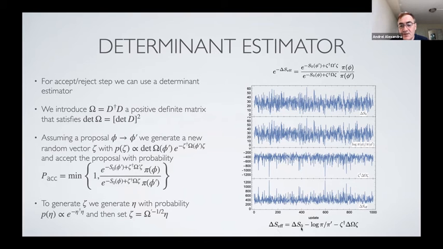The fluctuations of the effective action are driven by the fluctuations of the auxiliary field. There is a contribution that comes from the ratio of the probability for the fields phi that come from the machine, the RBM. And then there is this term that represents the estimator of the determinant ratio.